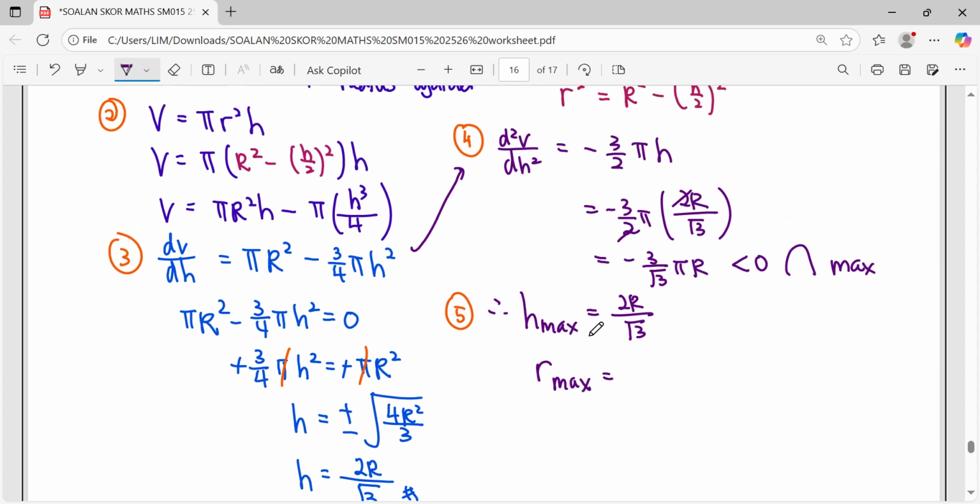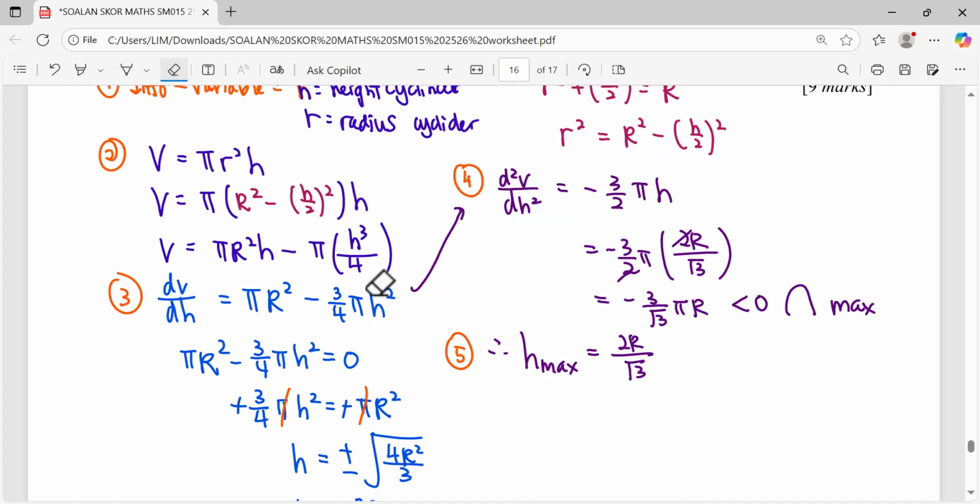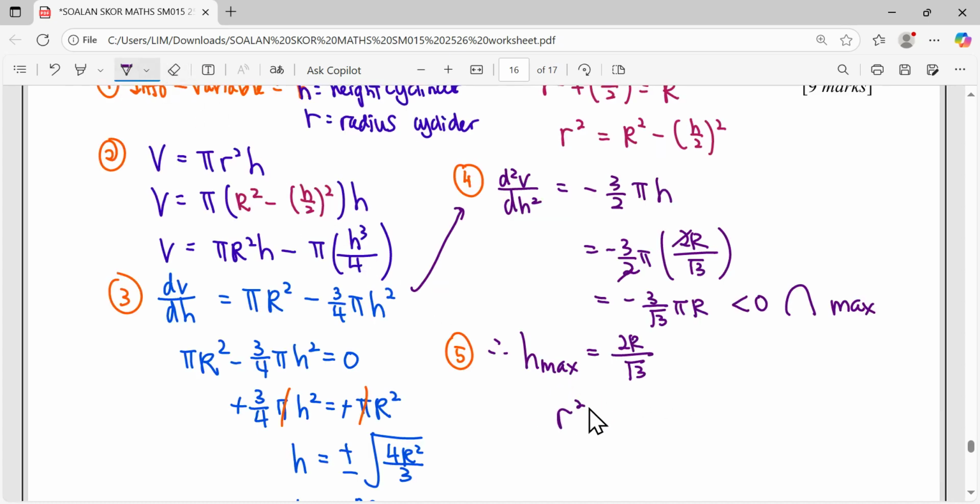To find the radius maximum, we substitute here. r square equals R square minus your H here. H is 2R over 3, over 2, square.